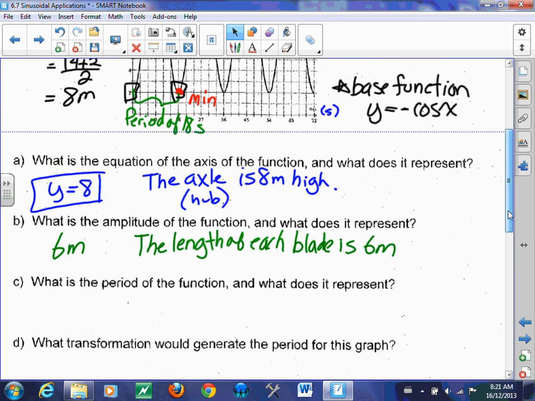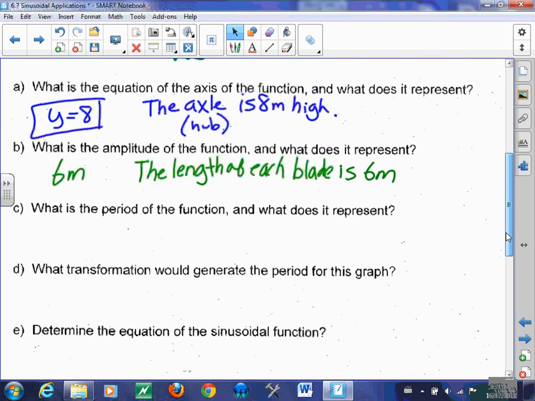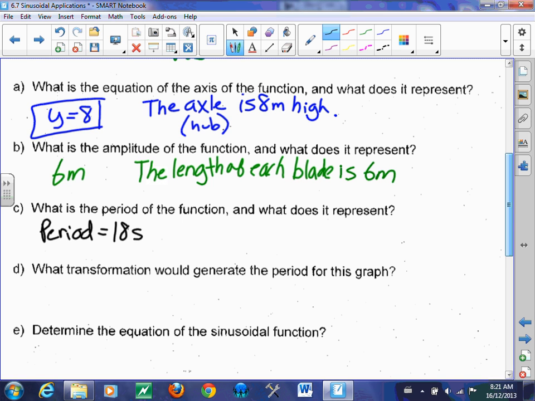All right, next question. C. What is the period of the function and what does it represent? So what do we know? We know that the period equals 18 seconds. And what does that represent, folks? That's the time it takes to complete one revolution.